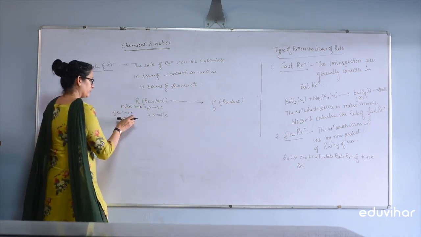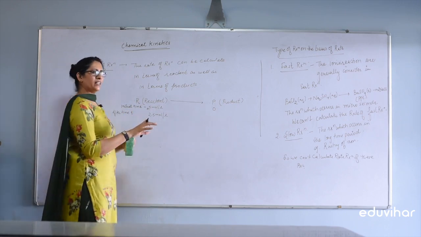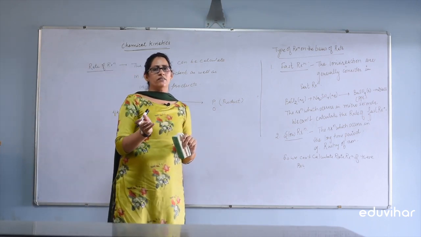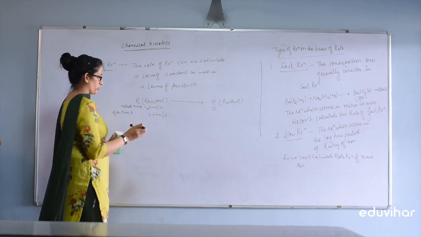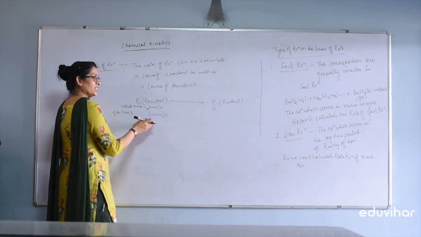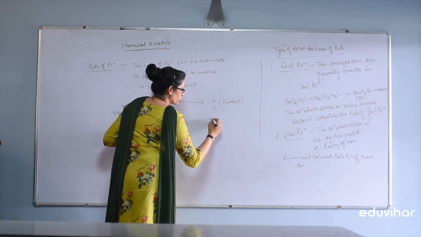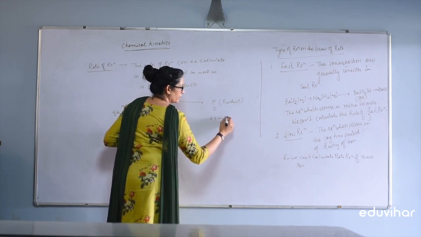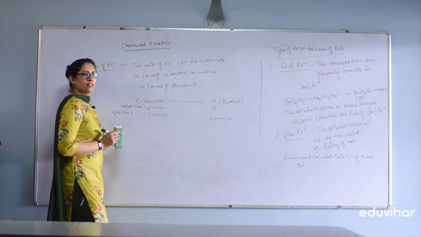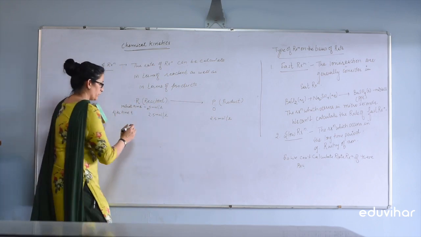After time t can be 5 minutes, 6 minutes, 7 minutes or seconds also. The concentration of reactant remains 2.5 mole per liter, then the concentration of product is 2.5 mole per liter. Then how can we calculate the rate of reaction?